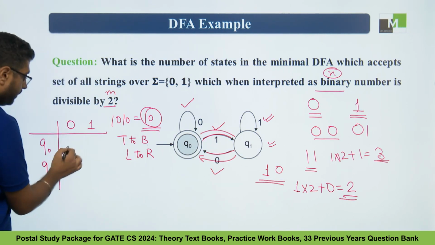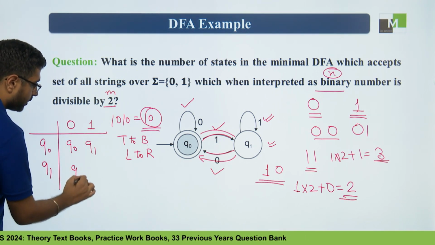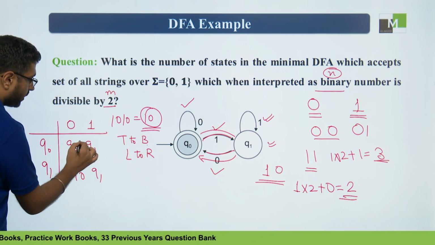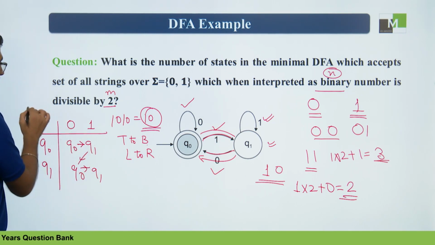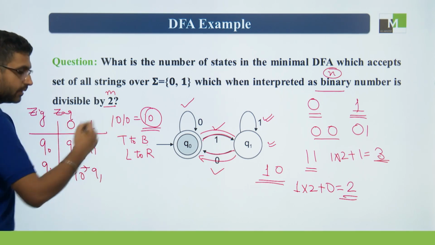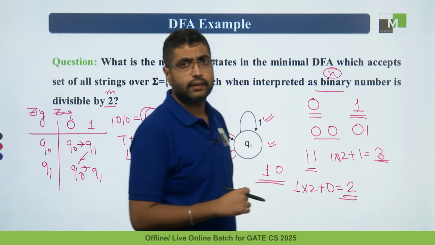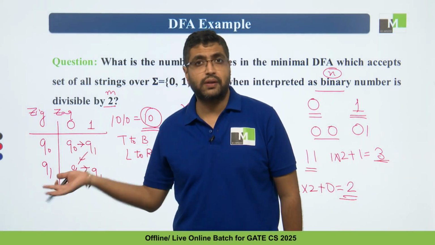So here Q0, Q1, done. Then again the cycle starts Q0, Q1, top to bottom, left to right. I call this the zigzag approach because of the shape. So you can directly get the transition function for the DFA.